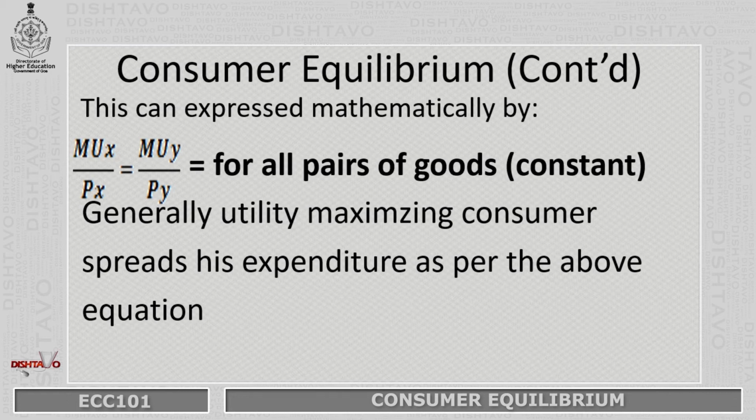All pairs will give me the same constant satisfaction. That means the marginal utility of every rupee spent is the same. My money gives me the same constant. Generally, a utility-maximizing consumer expresses his expenditure as per the above equation.